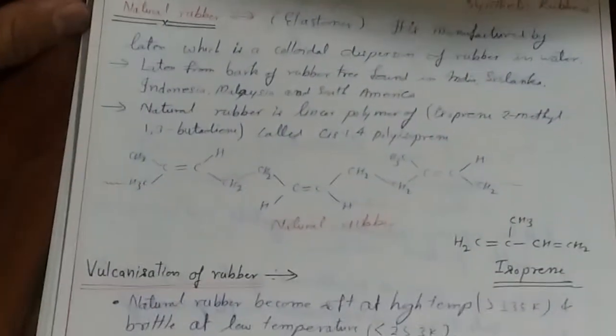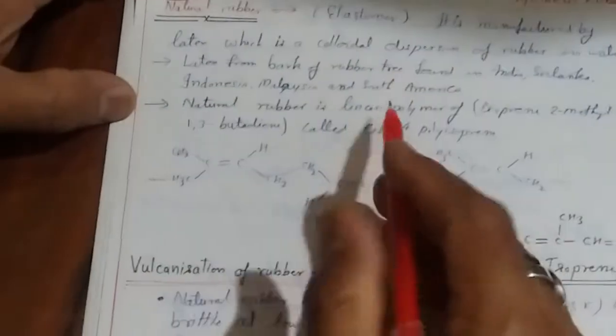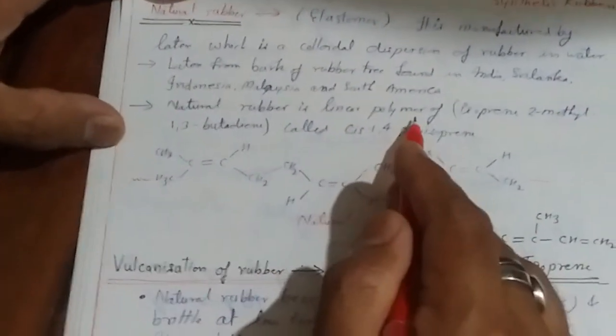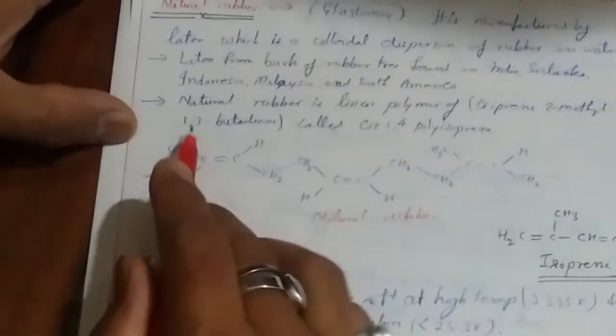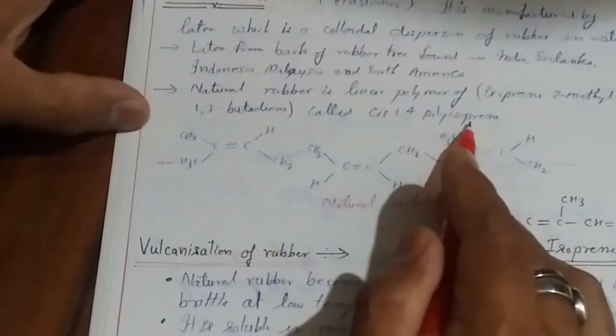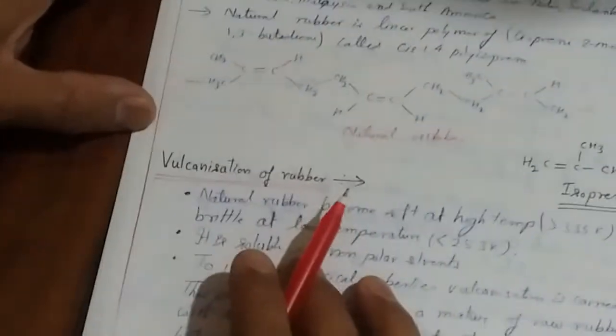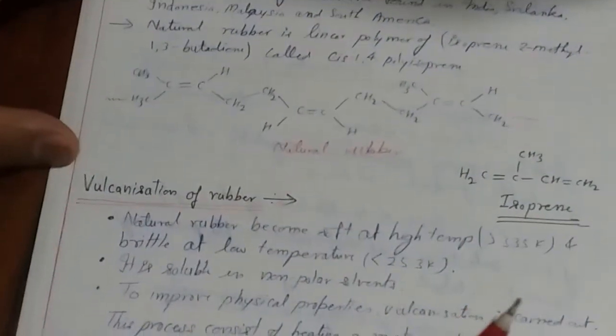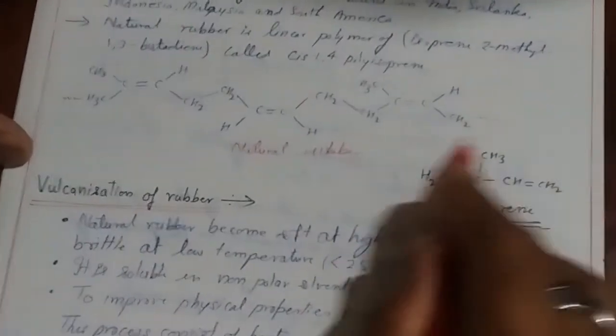Natural rubber is a linear polymer of isoprene, 2-methyl-1,3-butadiene, called cis-1,4-polyisoprene. This is the structure of natural rubber and this is the structure of isoprene.